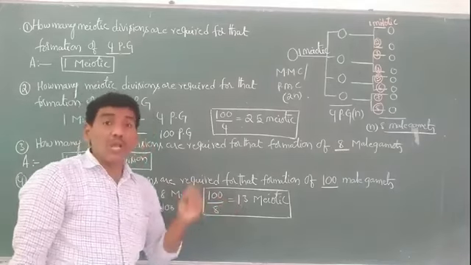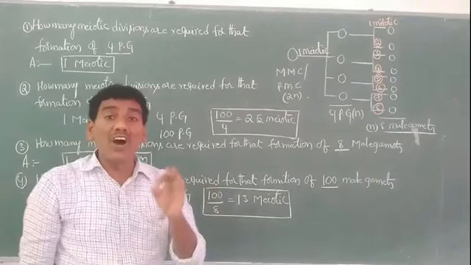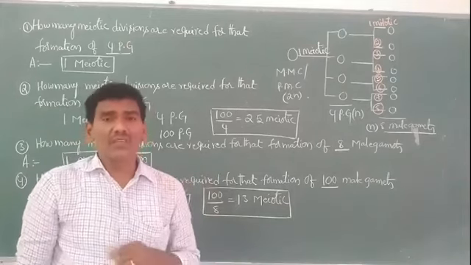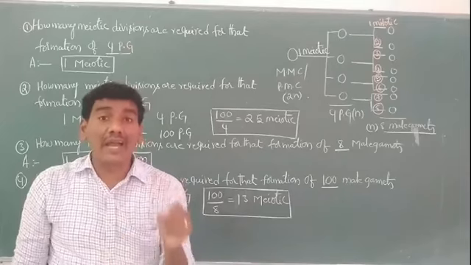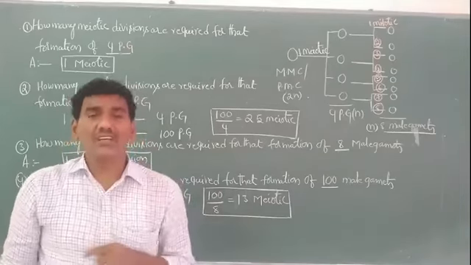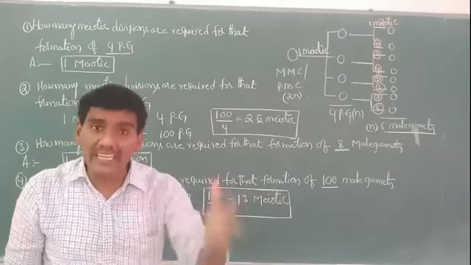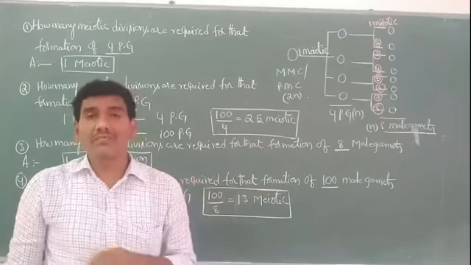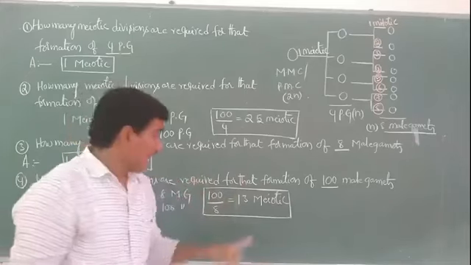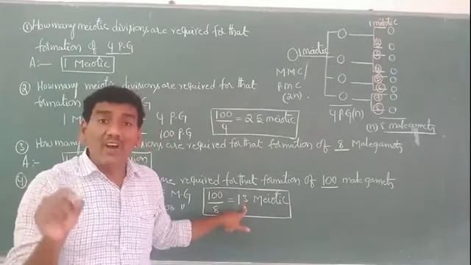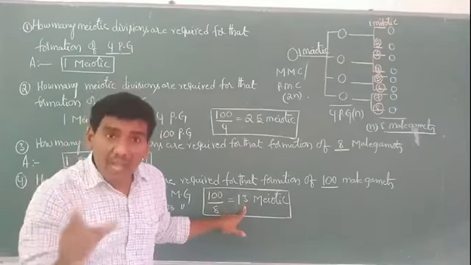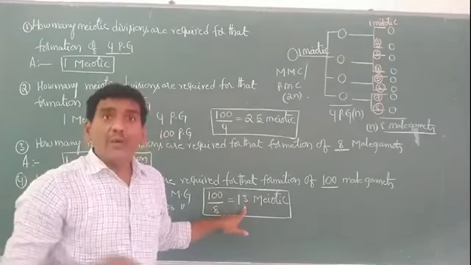Approximately 12.5 meiotic divisions are formed, but meiotic divisions are not considered as a point. You must take the above number, not the below number. The above number is 13. That's why 13 meiotic divisions are required for the formation of 100 male gametes.